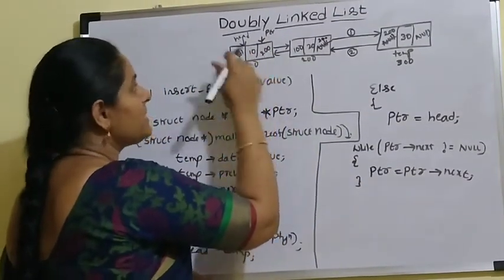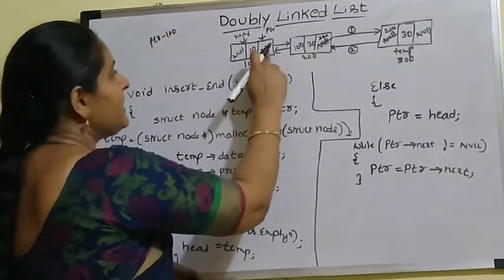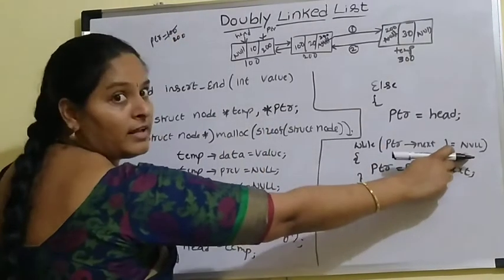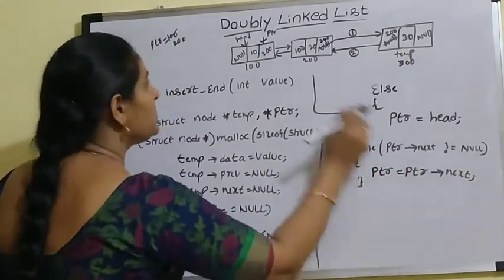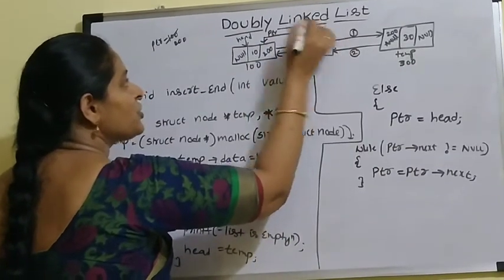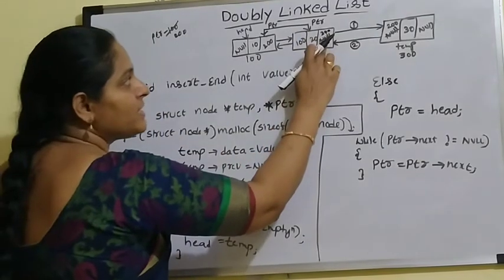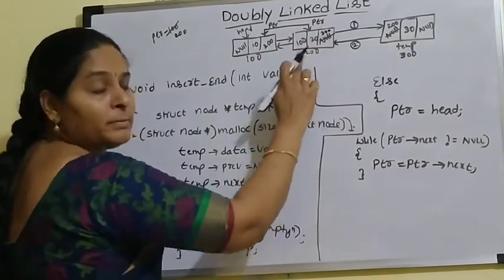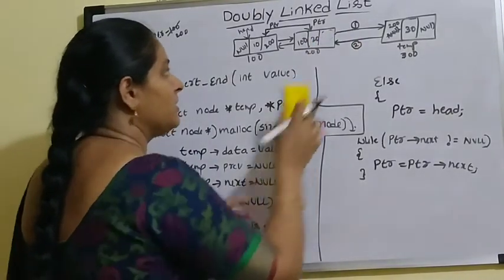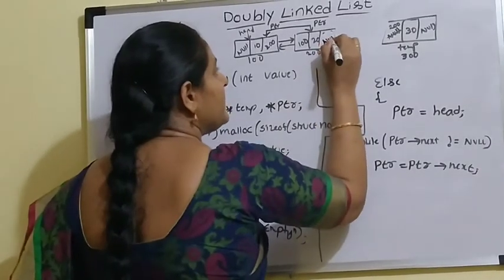See this condition here, PTR next. What is PTR next? Initially PTR is 100. Now PTR next is 200. So 200 is not equal to null, so move PTR to the next position. Now PTR comes to the second node position, and PTR address is 200. Now what is PTR next?